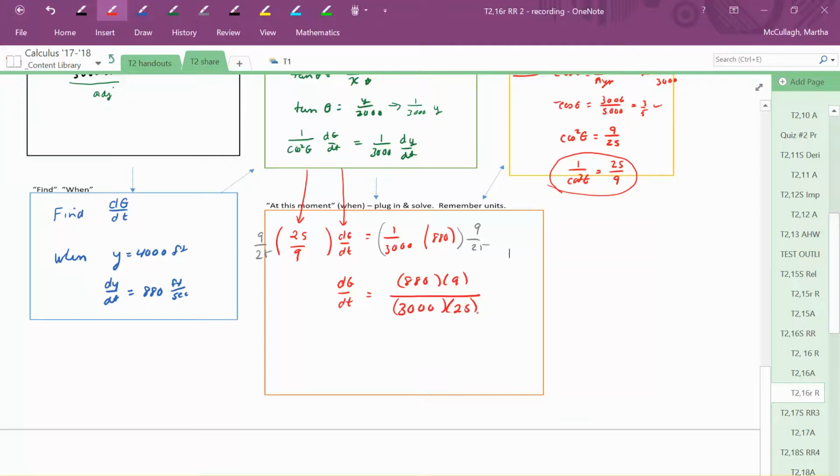When you put that into your calculator, you've got to be careful that you put parentheses around this bottom. You can put them around the top as well, just for safety's sake. Because if you put in this times this divided by this times this, your calculator isn't going to realize that the 25 you meant for it to be on the bottom.